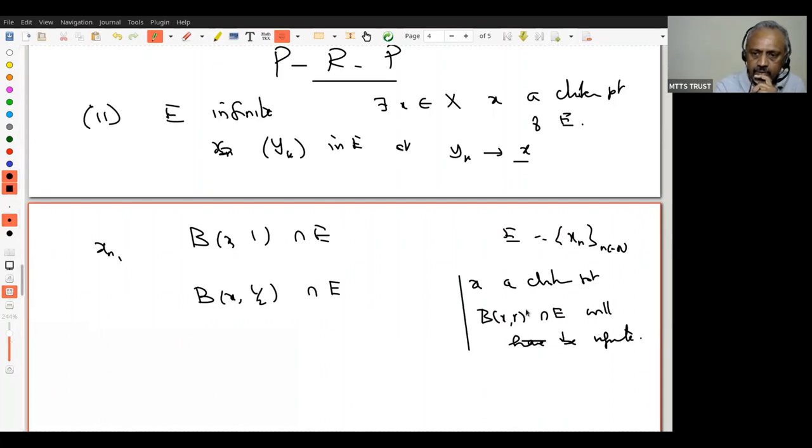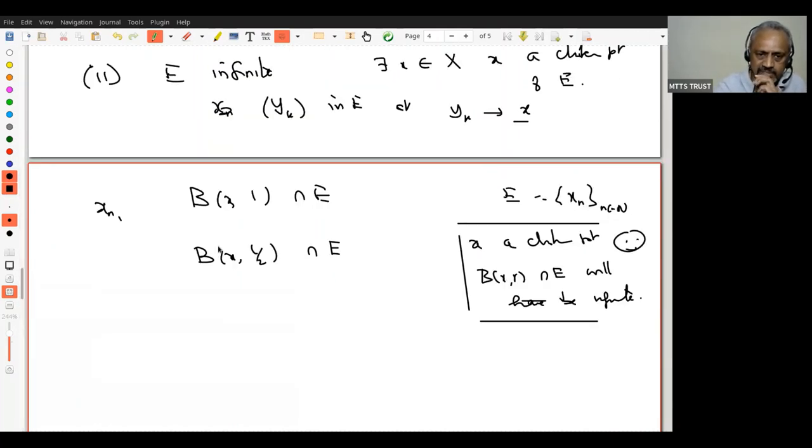I hope all of you know that. If you don't know that, we will come to a proof soon. Therefore, this is an infinite subset of E, but E consists of terms of the sequence. Therefore, there is at least one n2 greater than n1 so that x_{n2} is here.